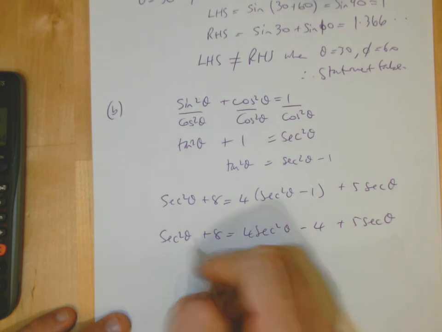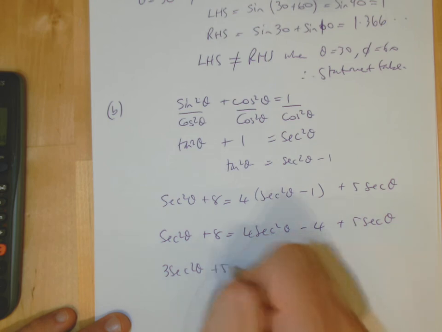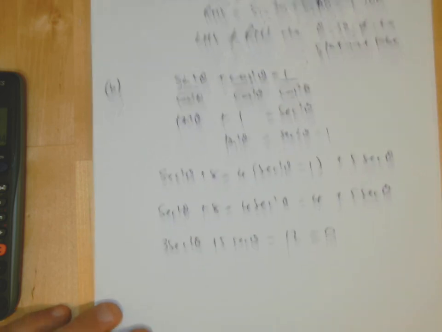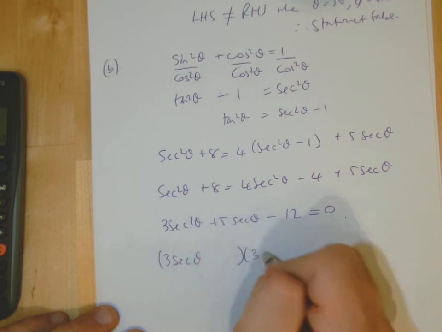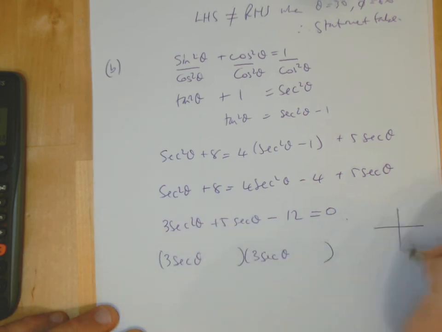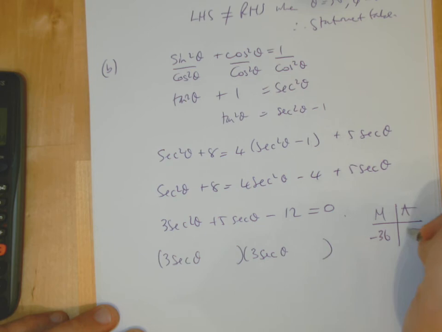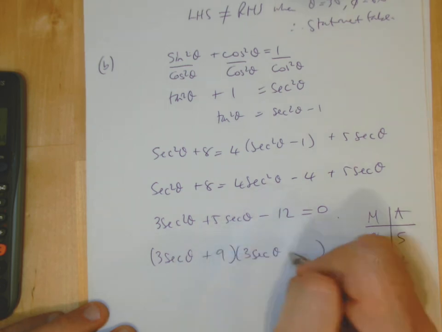Simplify it, get everything to one side, so 3 sec squared theta plus 5 sec theta, and then take that 8 over, minus 12 equals 0.